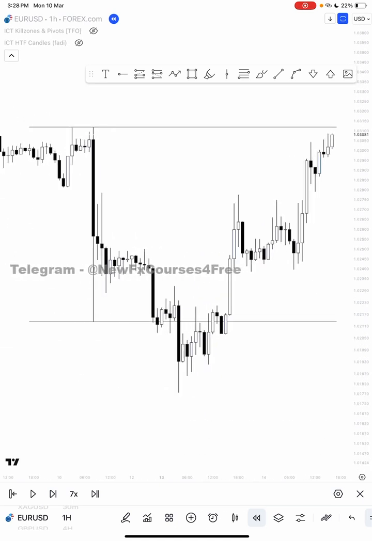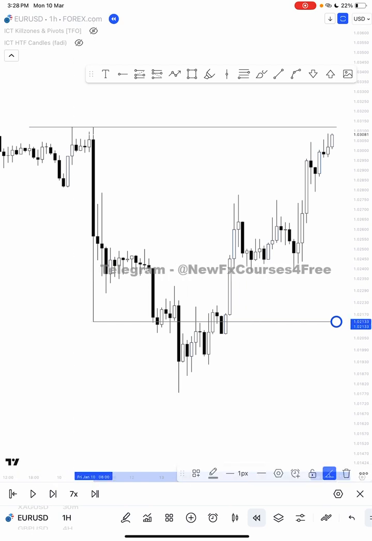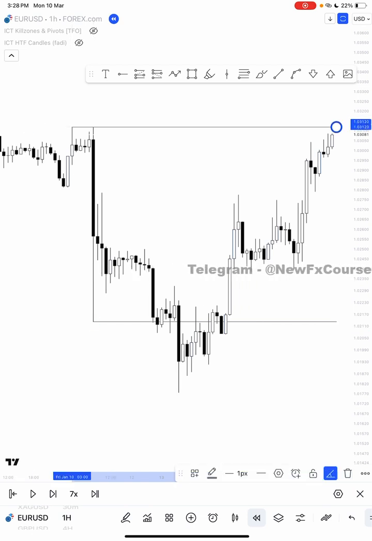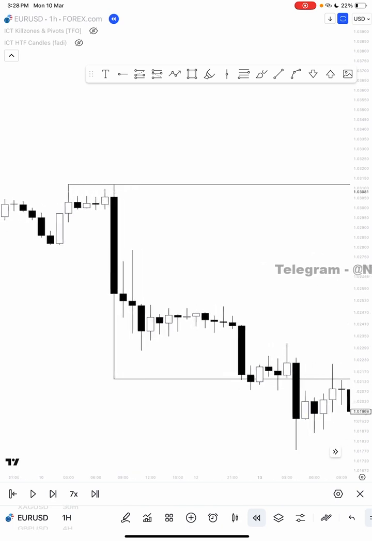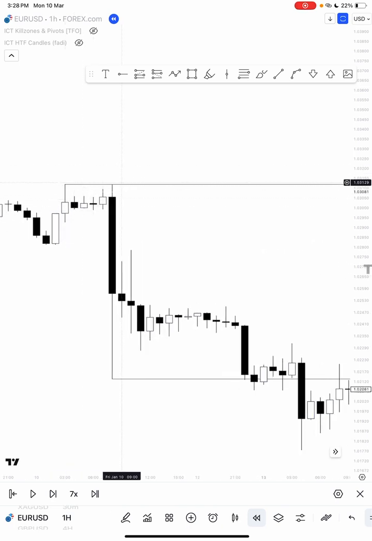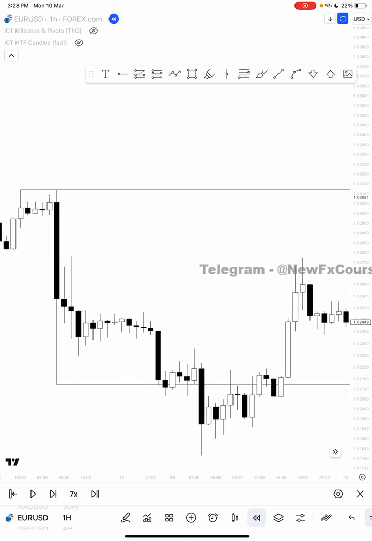So here you can see these clean highs. Remember what I actually said about clean highs. They are strong draws on liquidity for buy sides.